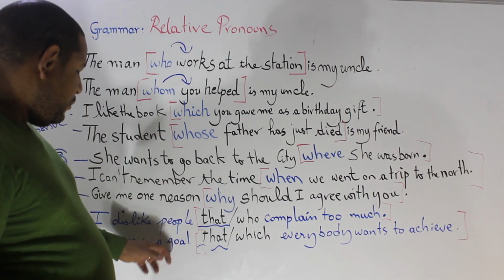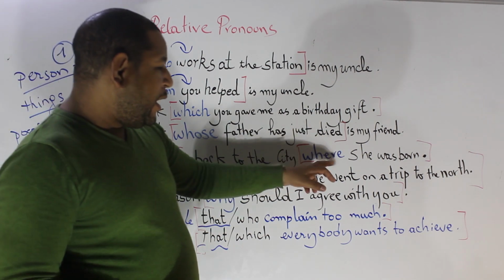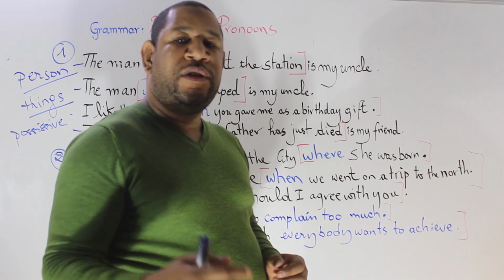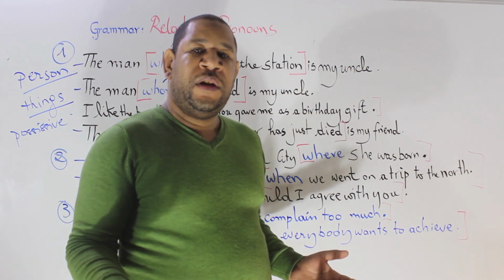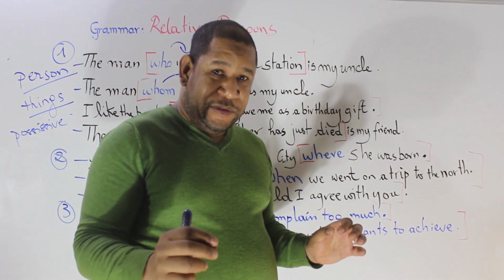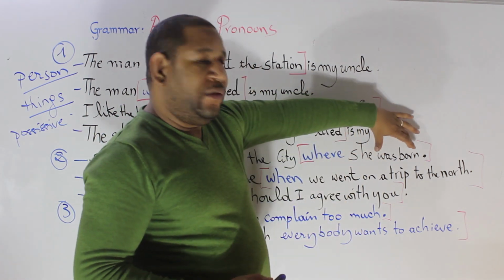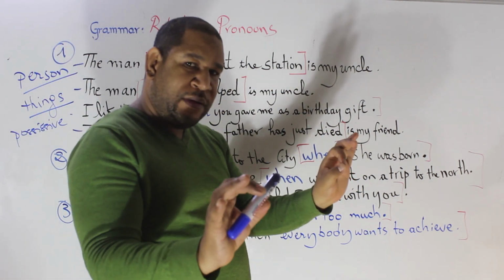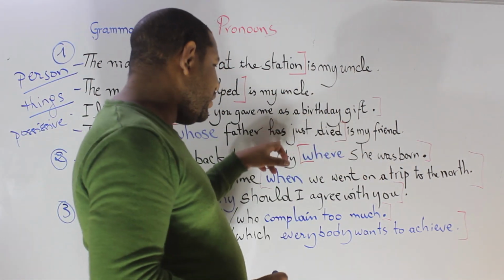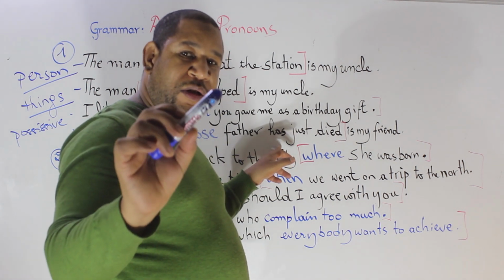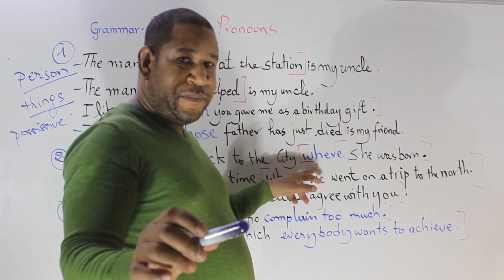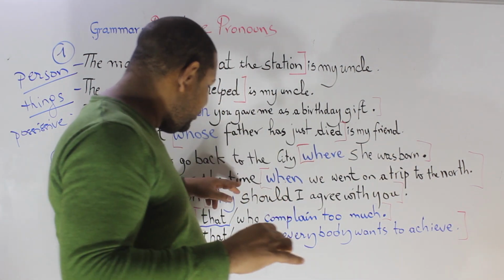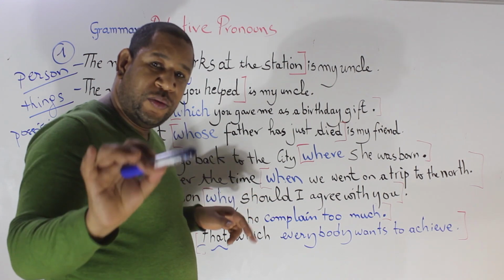Before we go to that, sometimes, especially where and when, we can use which instead of where and when. When is that? We have to be very careful. If the action here happened in this place, we speak about place. So we use where. If the action here happened at this time, we use when.